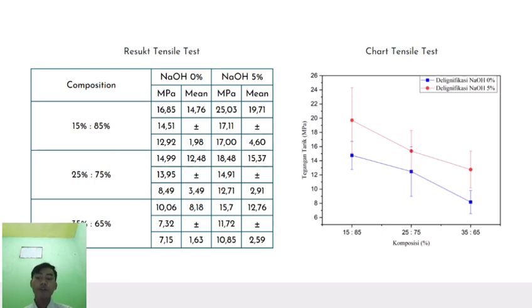However, the 5% NaOH delignification was more effective in influencing the tensile strength than the 0% NaOH delignification, and this can also be seen by comparing the average of each composition, where the highest average value is with 5% NaOH delignification. This is because the natural matrix of the fiber has decreased significantly, so the bond between resin and fiber can be said to bind well.